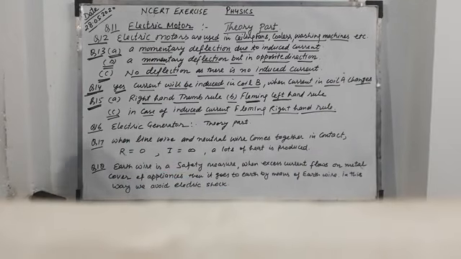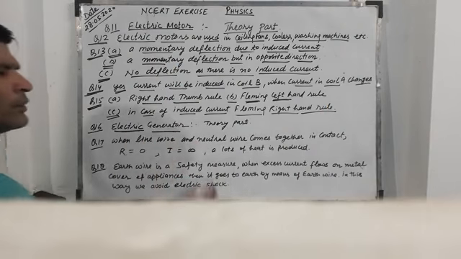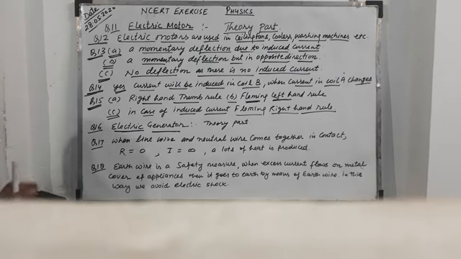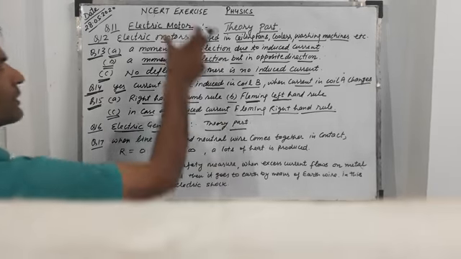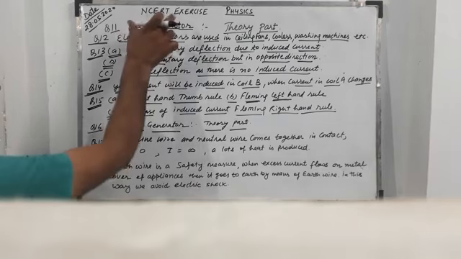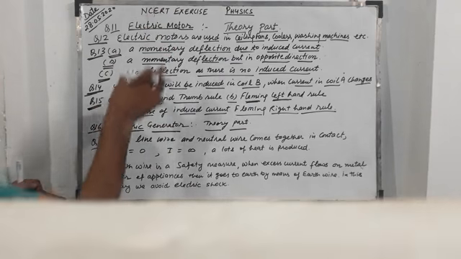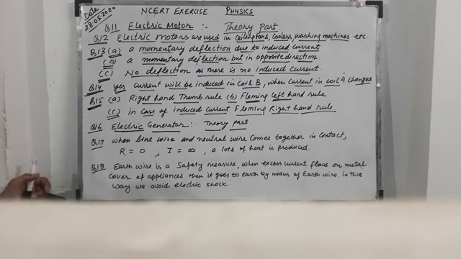Okay. The question 16 is electric generator. So you can give the answer of this question from theory part, similarly as in question number 11. Okay. Because question number 11 and question number 16 are of similar type. One is electric motor and another is electric generator. Now question number 17.